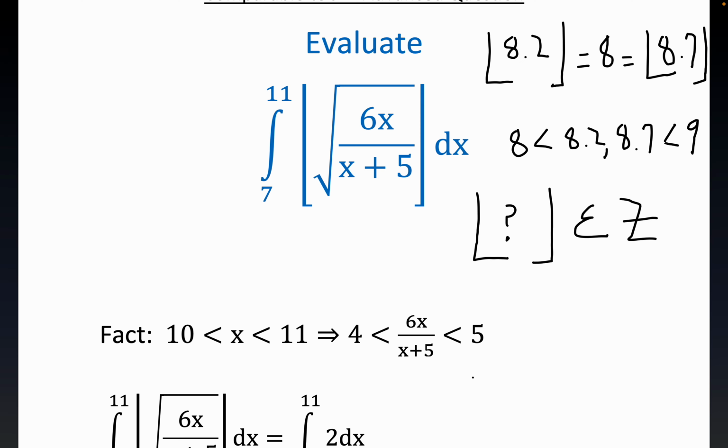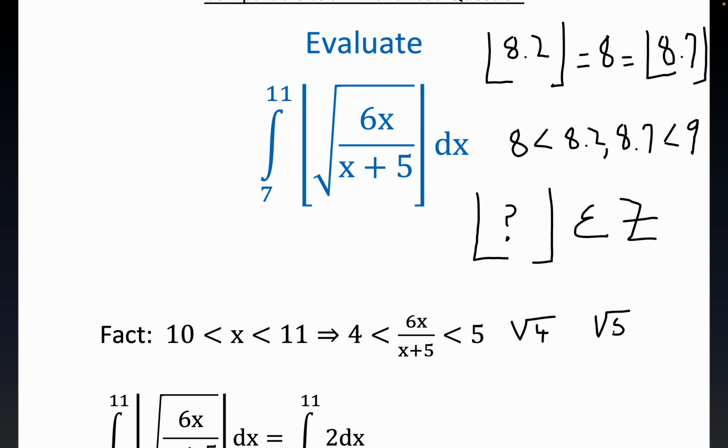Notice that 6x over x plus 5 is the radicand here, inside a radical. The floor would be connected to the square root of 4, which is 2, and the square root of 5, which is a number less than 3.